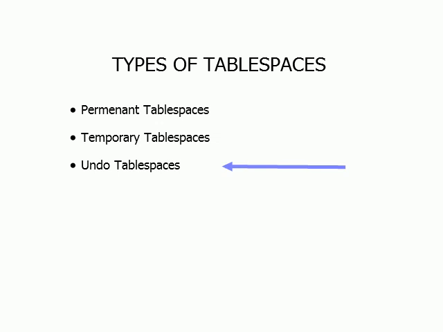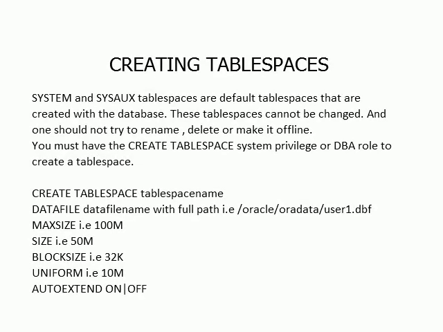It also provides the ability to roll back a transaction that has failed to commit. System and sysaux table spaces are default table spaces that are created with the database. These table spaces cannot be changed, and one should not try to rename, delete, or make them offline.